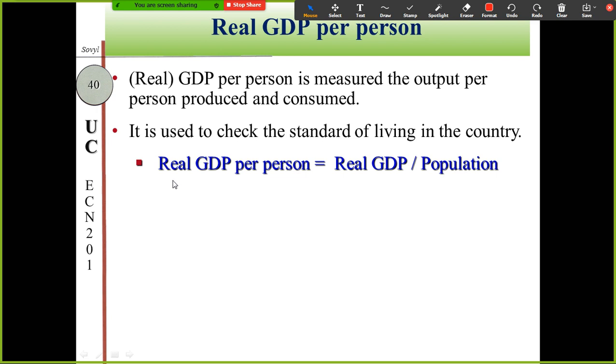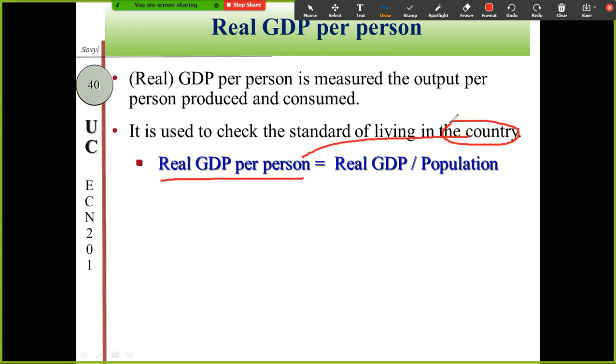Okay, in order to calculate real GDP per person for one country, you need to calculate real GDP for that country, and you need to have the national population for that country. By taking the real GDP from that country divided by the national population of that country, you will have the real GDP per person for that country.